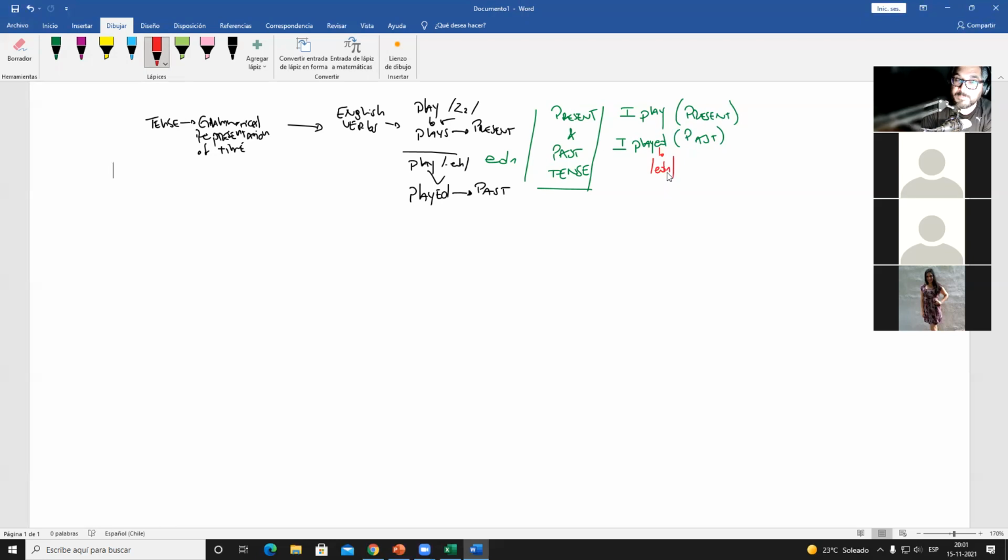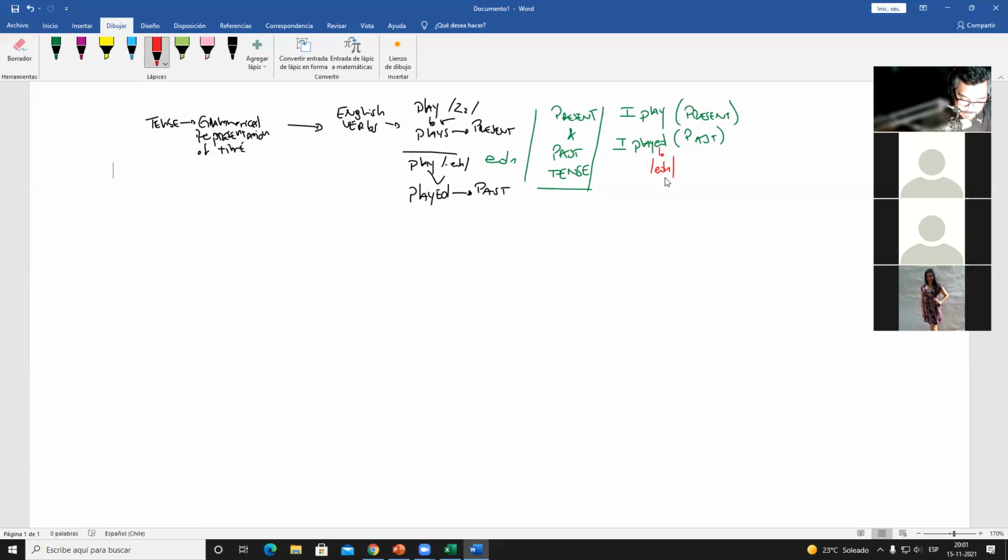As a summary, I can state the difference between present and past by the presence of these marks, right? I'm marking the verb so as to represent present or past.